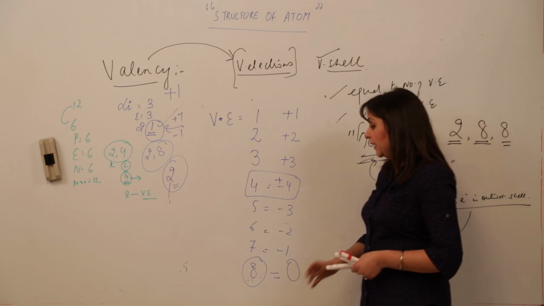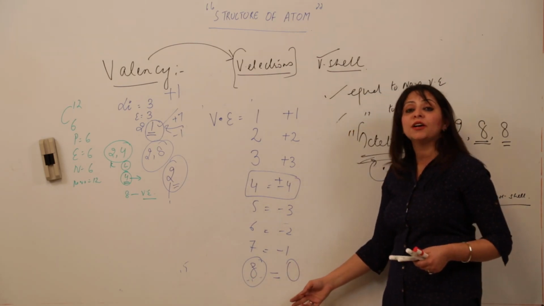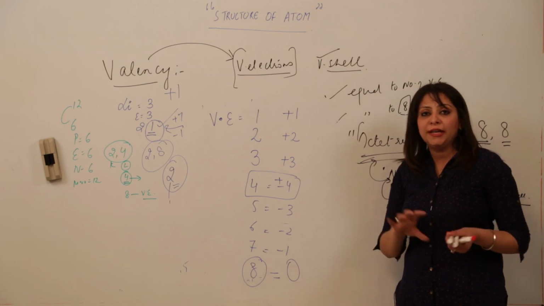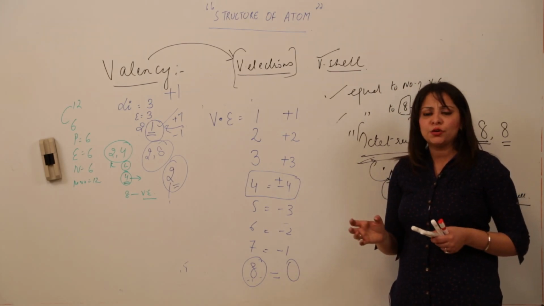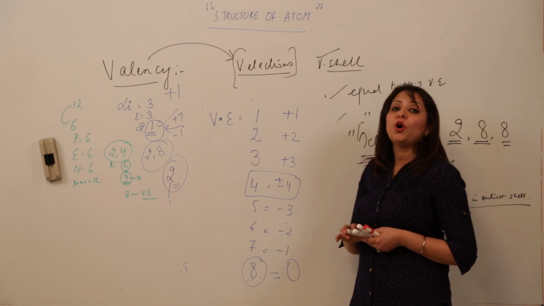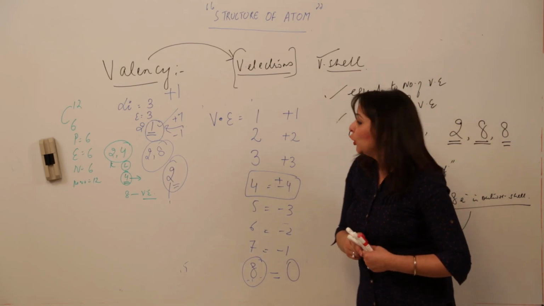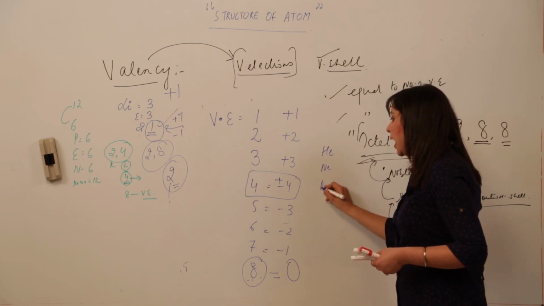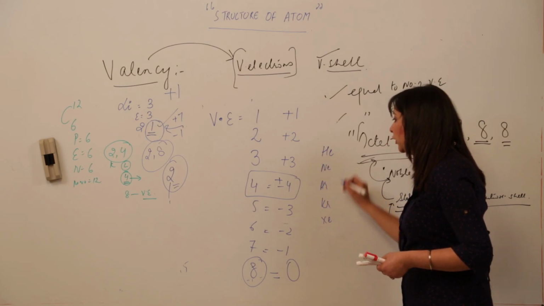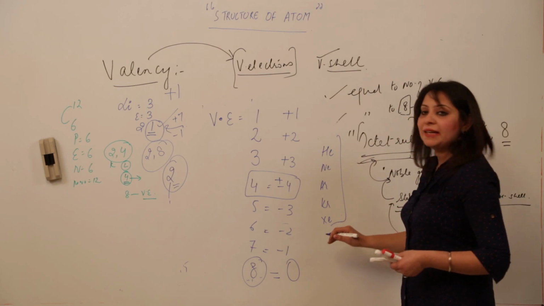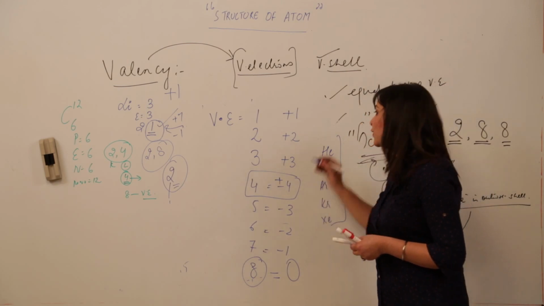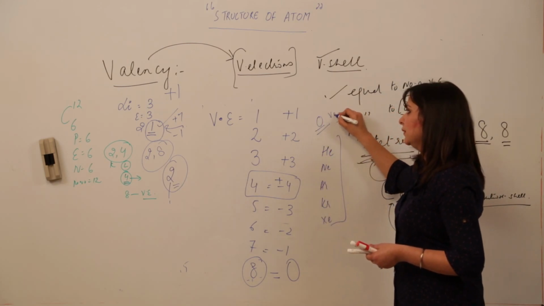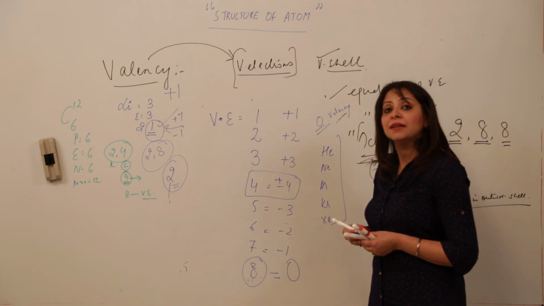Elements whose octet is already complete, which don't need to lose, gain or shuffle any electrons, are called noble gases. So noble gases are helium, neon, argon, krypton, xenon. All of these gases have a complete octet with 0 valency.